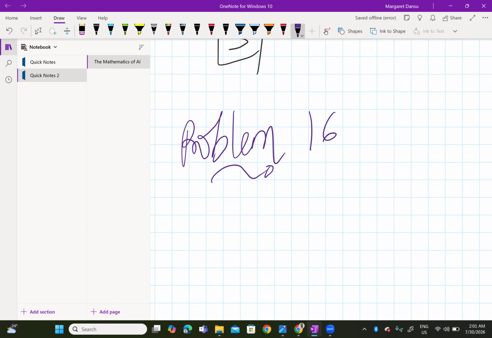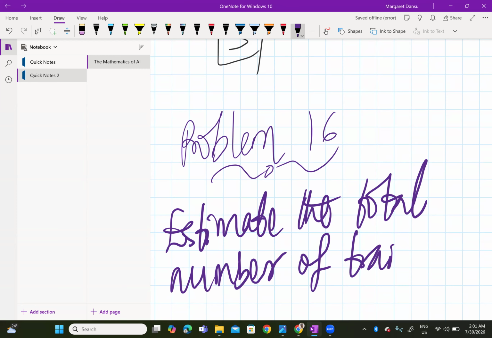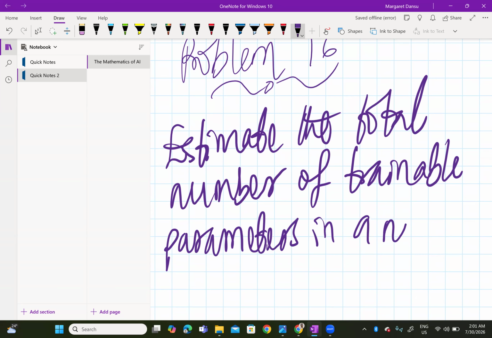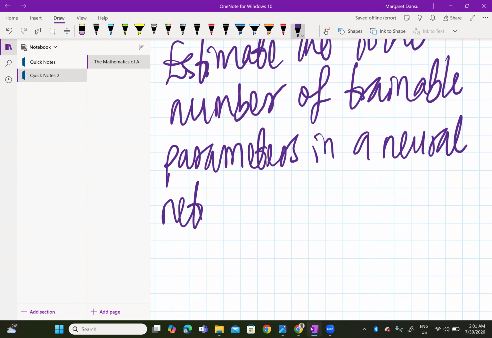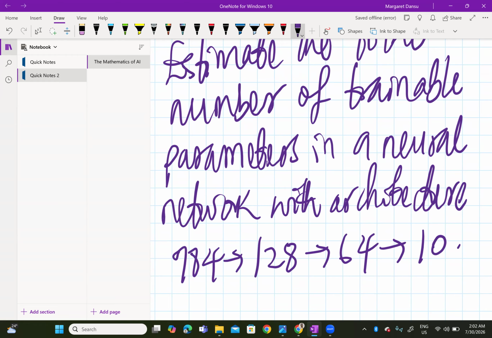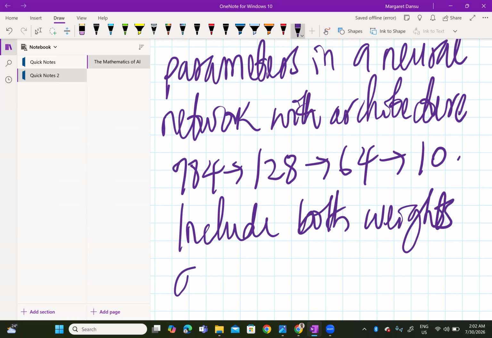Problem 16 says to estimate the total number of trainable parameters in a neural network with architecture 784 to 128 to 64 to 10. Include both weights and biases.